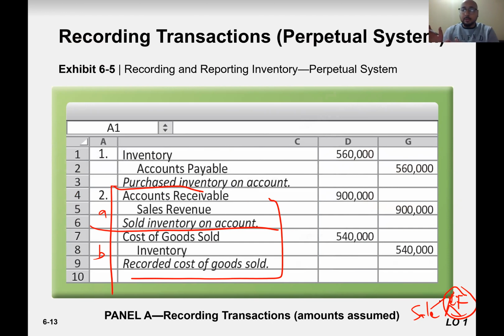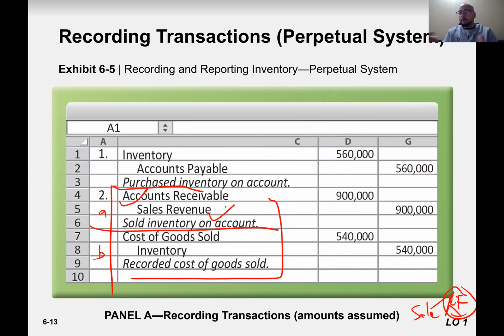So on the right hand side of the equation, increases mean credit. On the left hand side, asset increases mean debit. So sales increase, credit. And you sell on credit, so accounts receivable increases, asset increase, debit. So the entry would be accounts receivable to sales, right? So you sell the goods, and now the number of units needs to be reduced on the balance sheet.